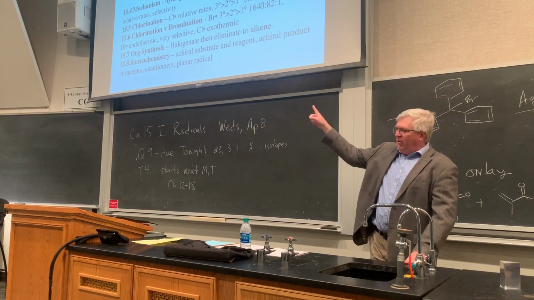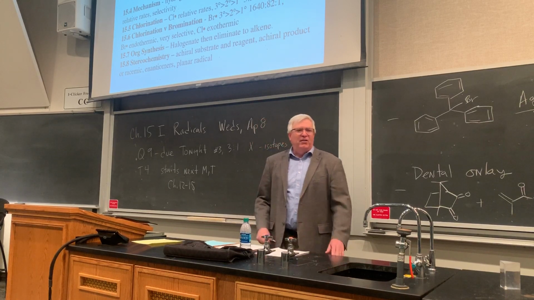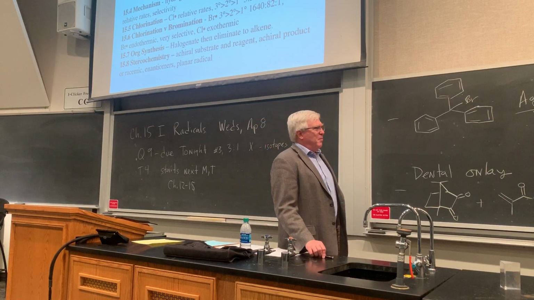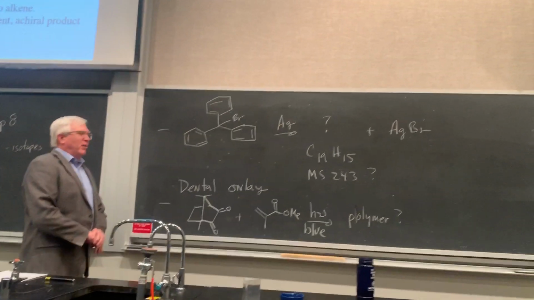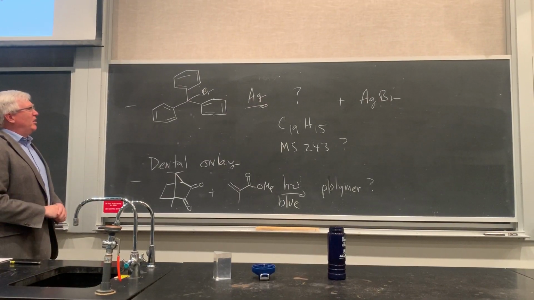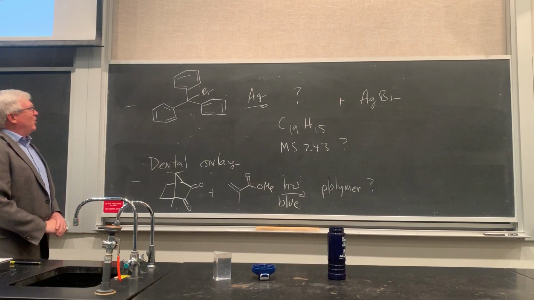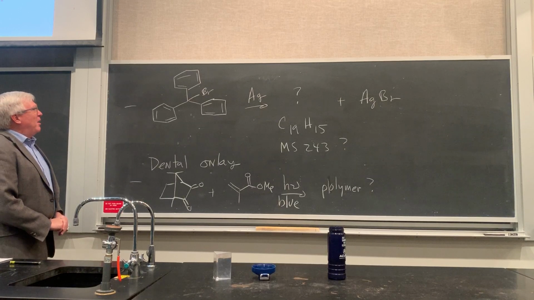Before I go through the details of chapter 15, the outline, it is radical chemistry. You might be thinking, what are some of the applications or what's the importance of this? To catch your attention here, I point out a historical molecule, this triphenyl bromomethane molecule.